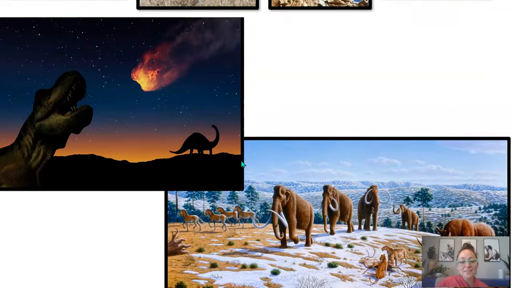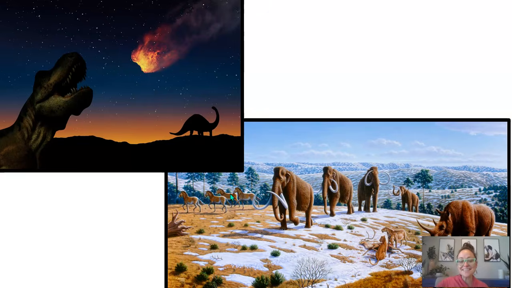Now, another example that I love is basically the evolution of mammals, right? So the age of mammals. Mammals have been on Earth for millions of years, and during the time of dinosaurs, mammals were small and nocturnal. Mammals were like prey for the dinosaurs. However, when the dinosaurs went extinct, all of a sudden there are all these open niches, all these open ecosystems.